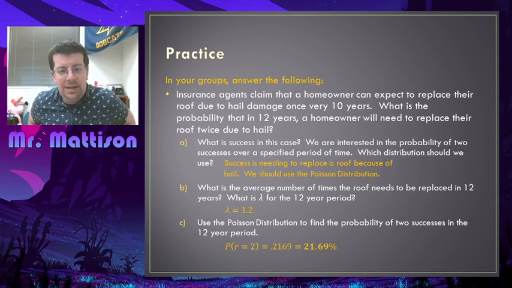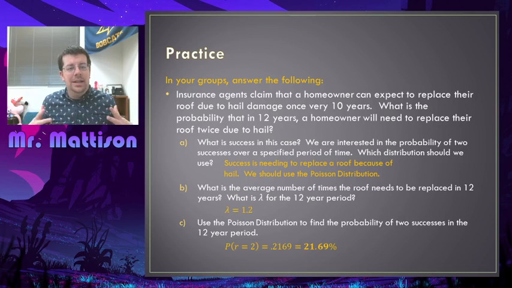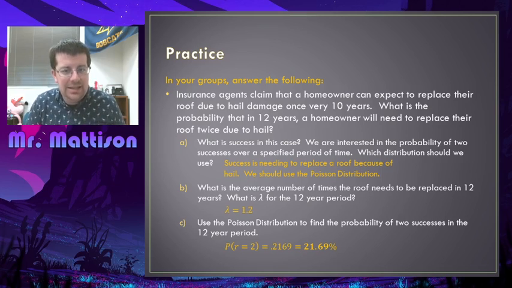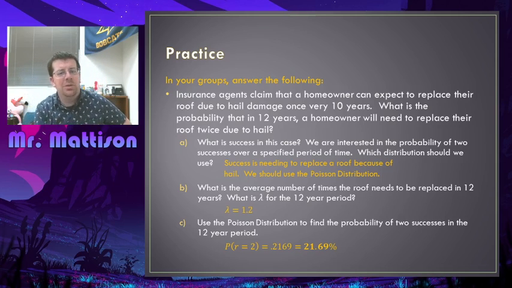Okay. So success here is replacing my roof because of damage, right? So again, success isn't always positive things. Just like here, I don't want to replace my roof, but that's what I'm looking for. So I'm going to call that my success state. And we're going to want to do a Poisson distribution here because we're looking at the average number of times this should happen in a given time period.